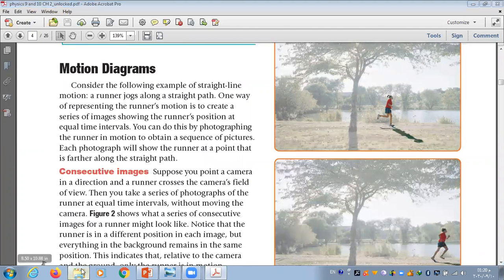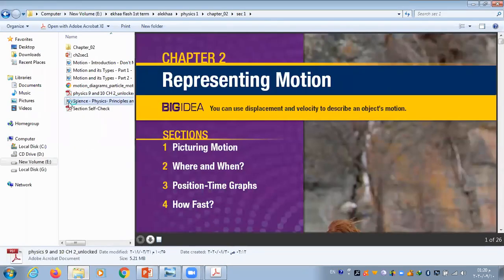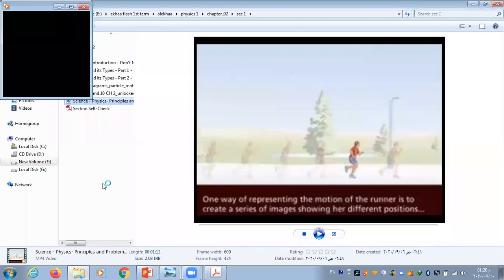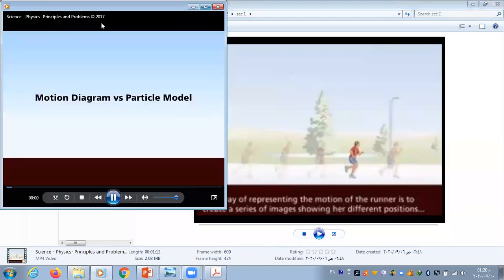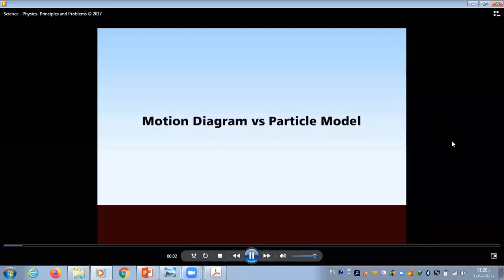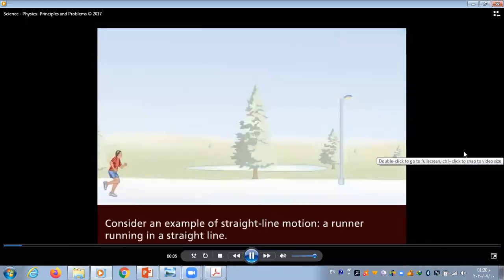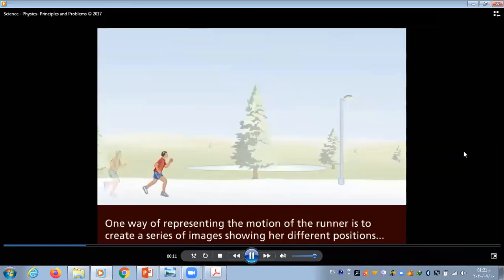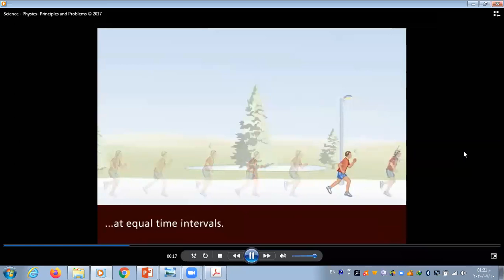You can watch a video about motion diagram here. Consider an example of straight line motion: a runner running in a straight line. One way of representing the motion of the runner is to create a series of images showing her different positions at equal time intervals.